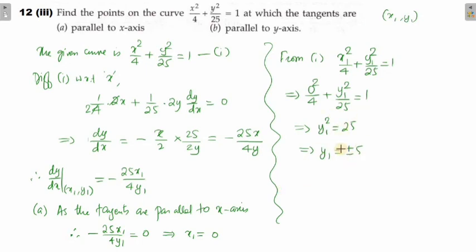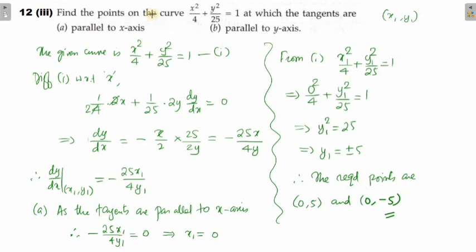Therefore the required points are 0 comma 5 and 0 comma minus 5. So I got my answer for the first case.